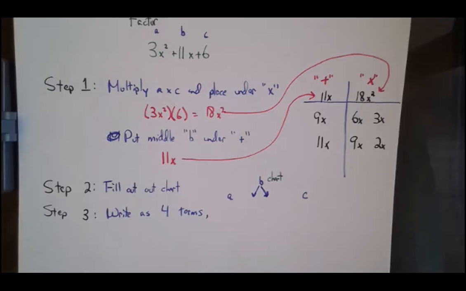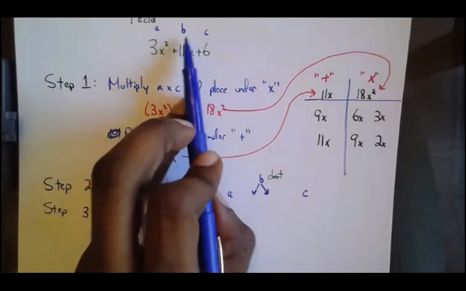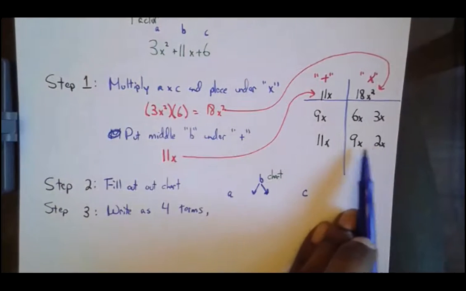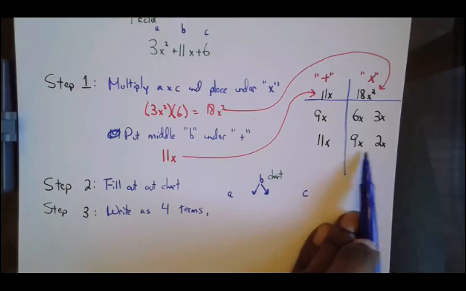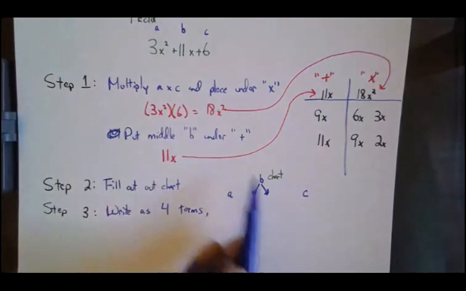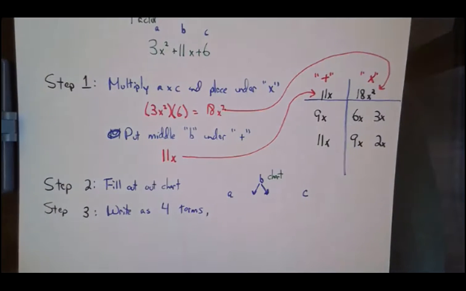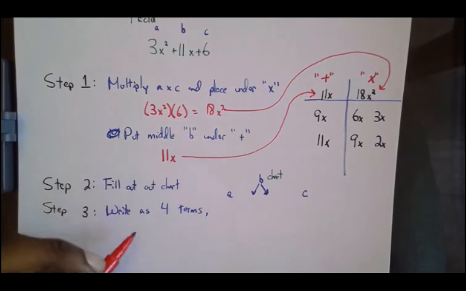that I'm going to be writing down? The first number is A. The second number comes from the chart. I need all 4 numbers. The second and third number come from the chart. And the fourth number is... Okay, let me show you. The first number is 3x squared.